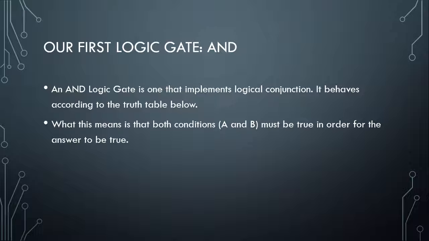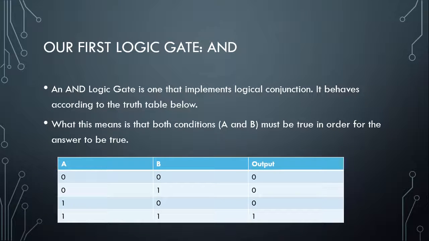All right, so what this logic gate AND means is that both conditions, A and B, so you're testing two things, must be true in order for our answer, our output, to be true. All right, and here is that table, but now if you look, it's given to us in states of 0 and 1. So we have our first state A, it's set to 0. We have our second state B, set to 0.